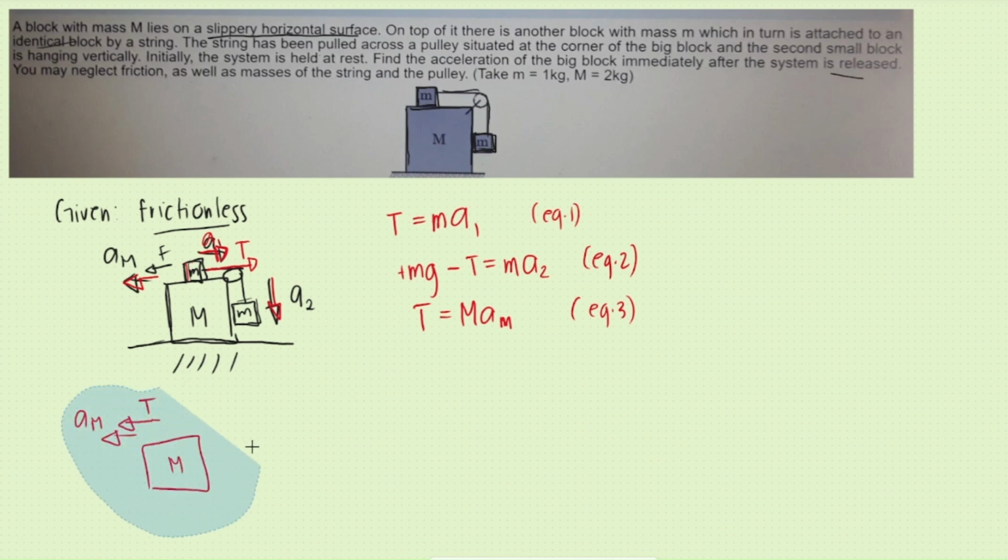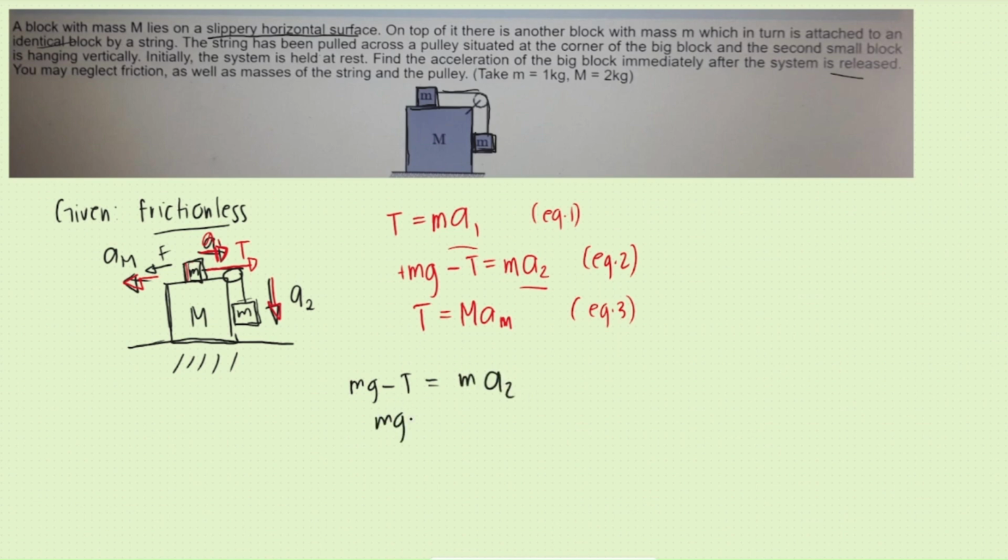Okay, so if our big block M is stationary, we would have the same acceleration a1 and a2. So we can actually plug this in directly here. But basically, we don't have the same value for our a1 and a2. We could have substituted mg minus T, this is equation 2, is equal to ma2.